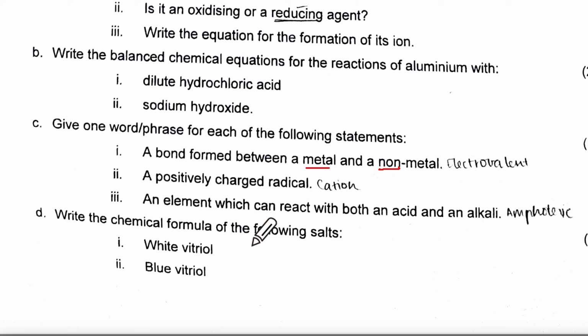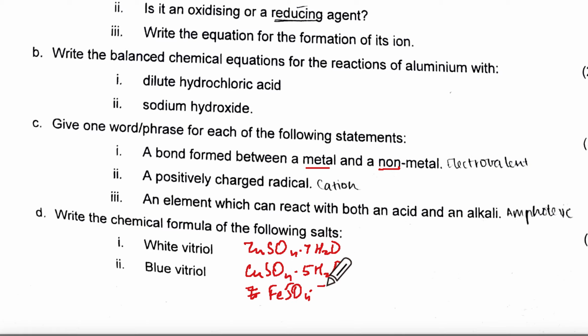Write the formula of white vitriol. I have given you all these. Blue vitriol is what? CuSO4 dot 5H2O. And I think I mentioned to you green vitriol also. Green vitriol is FeSO4 dot 7H2O. Okay, so all these are formulas.